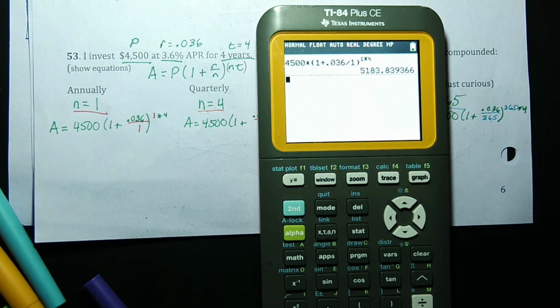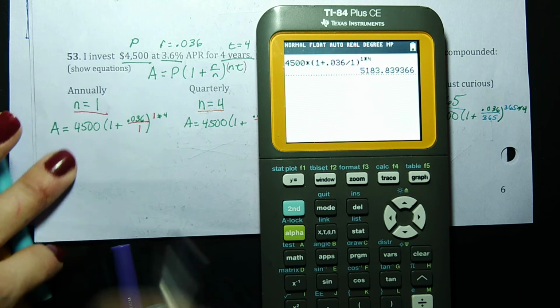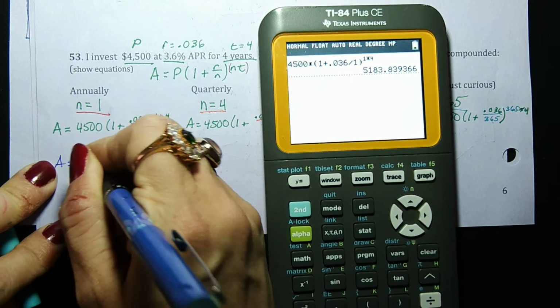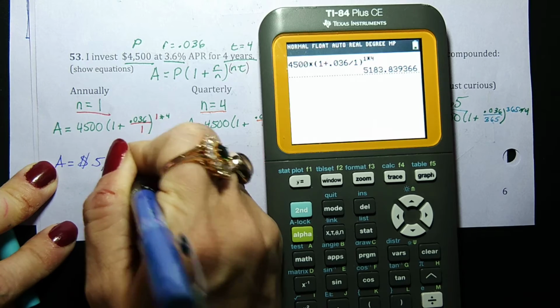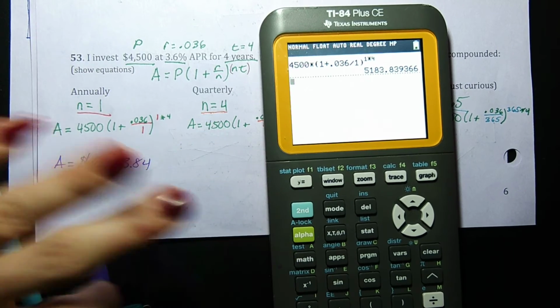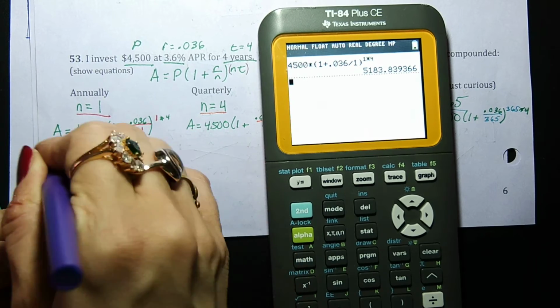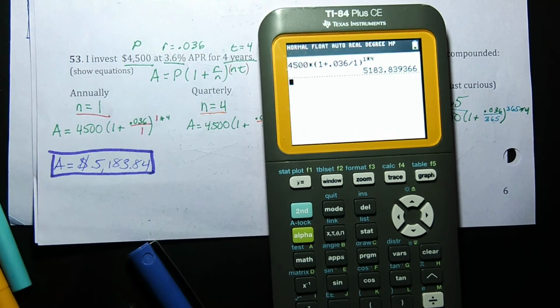Rounding to the nearest hundredth place, since it's money, A is $5,183.84. Now, if we get our interest calculated 4 times a year, that's going to be more money coming our way.